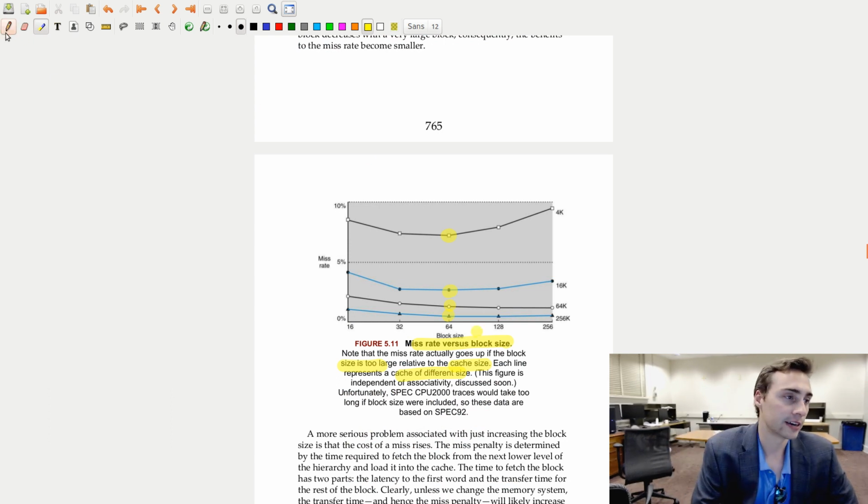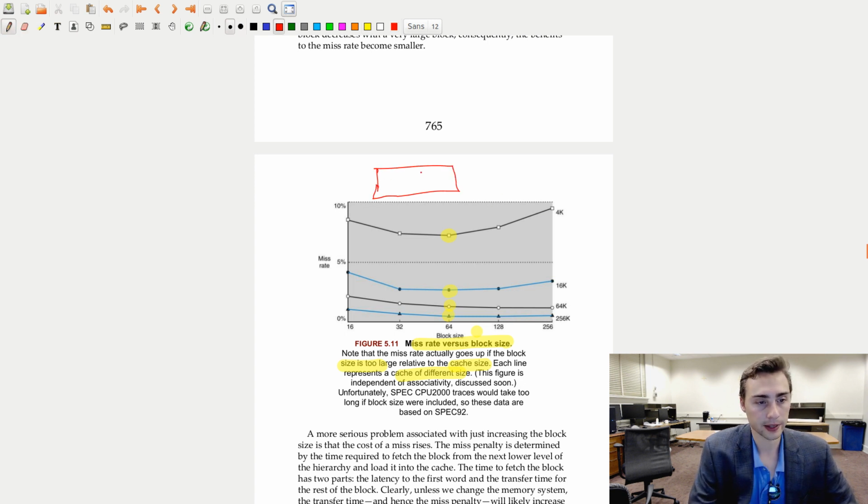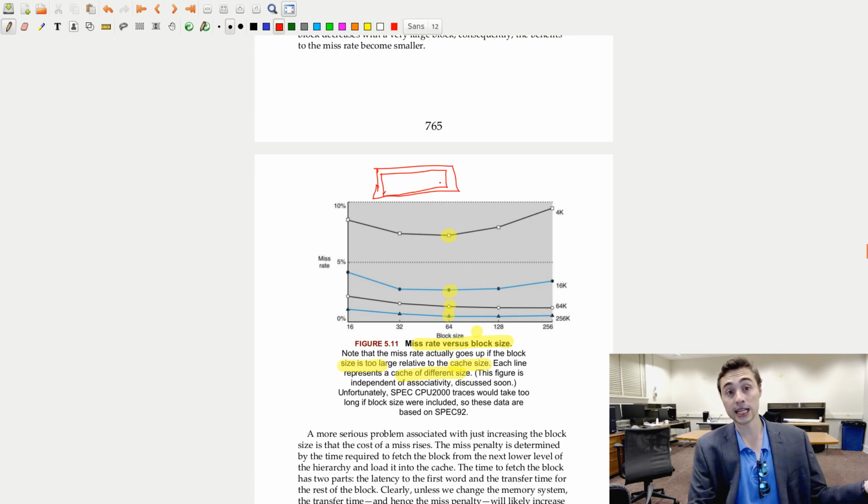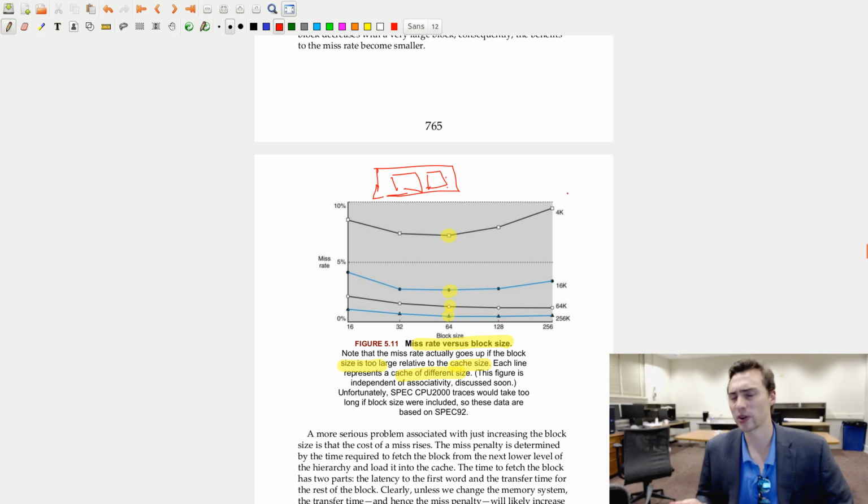So if our cache is, say, this big, and we load in a block and it takes up the entire spot, well, if what we need is not in this block, we're out of luck. Maybe we're looking at two different spots in memory in a program, so it may be advantageous to have, say, two smaller blocks in there. Then the other problem is we're having to transfer more data. If we have to transfer larger amounts of data, intuitively it's going to take longer.